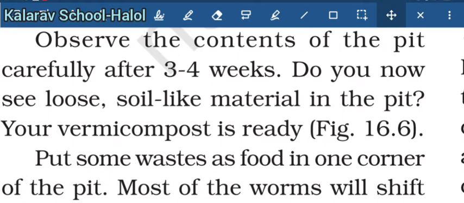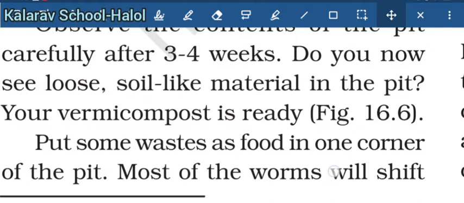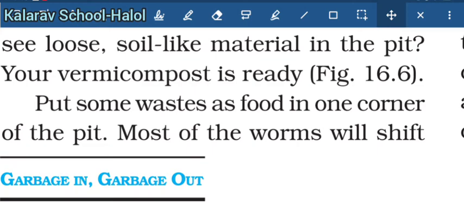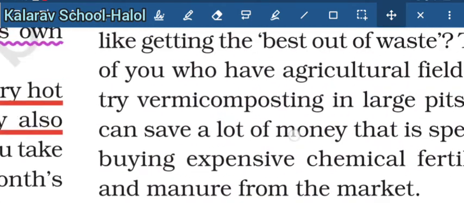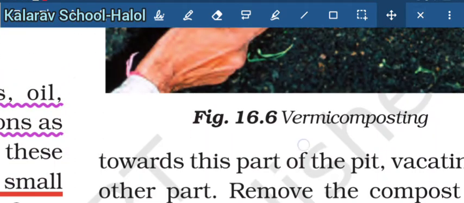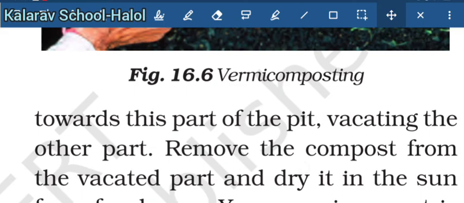This is called vermicompost. Now put some waste as food in one corner of the pit, and most of the worms will shift towards this part of the pit, vacating the other part.